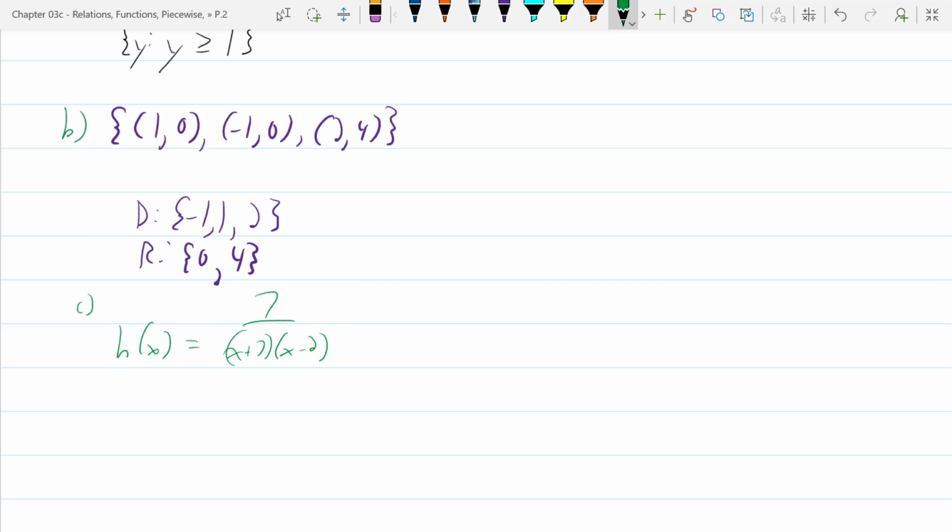Mathematically, I can say that (x plus 7) times (x minus 2) cannot be 0, and solve that, actually that inequality, to say that x cannot be -7 and x cannot be 2. And that is the domain for this. It'd be all x such that x is not equal to -7 and x is not equal to 2.